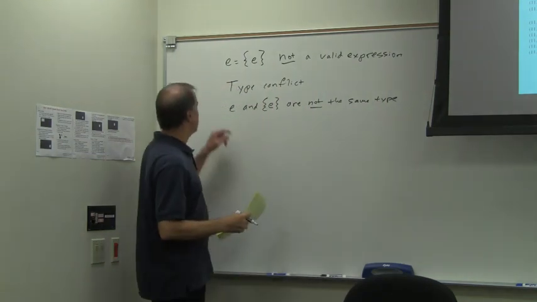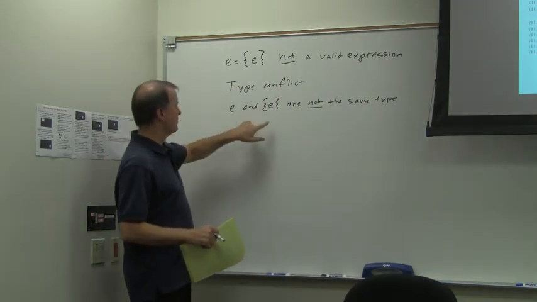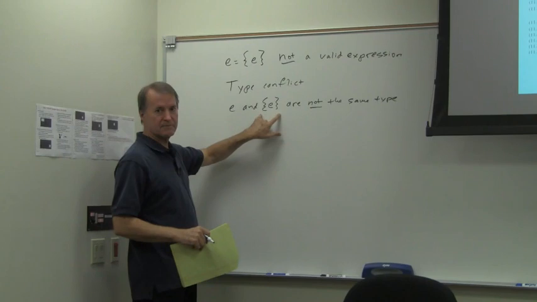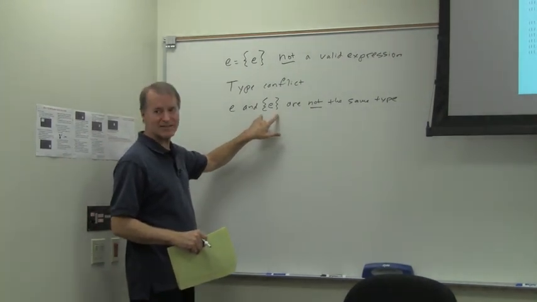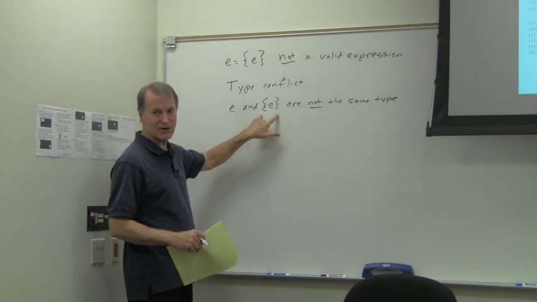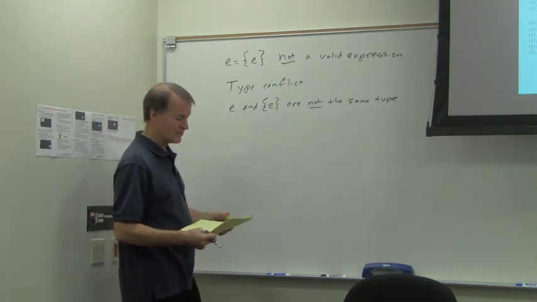If E were an integer, what would be the type of this? It would be set of integer. So they're not the same type.